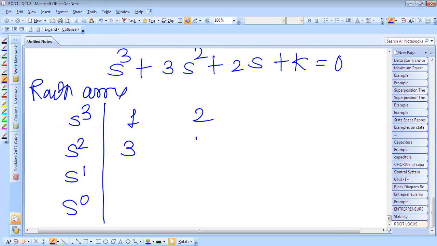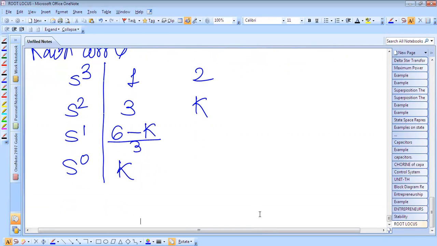This is 3, K. So this is (6 minus K) by 3, and this is K. So to make the s1 term in the first column equal to 0, what should be the value of K so that this will become 0? K should be equal to 6. If you put K equal to 6 in this equation, this will become 0.